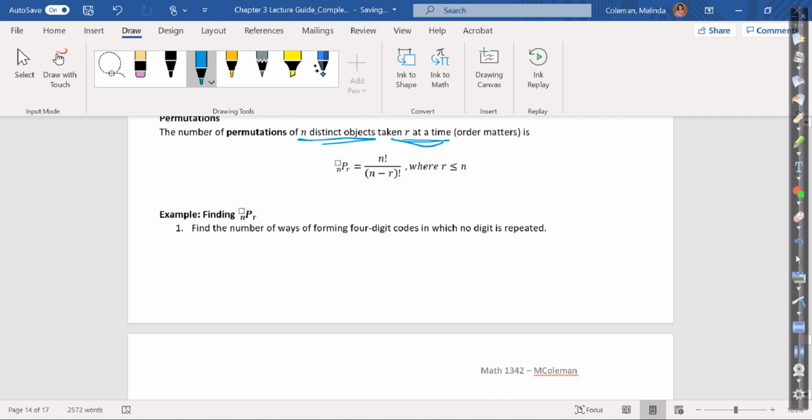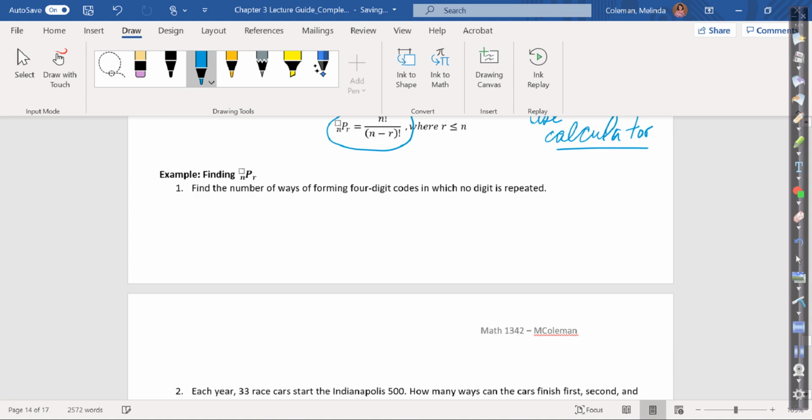And if so, here's the formula. We're going to take n factorial, and we're going to divide it by n minus r factorial. And again, there is a button on the calculator, which is nice. We do want to use the calculator.